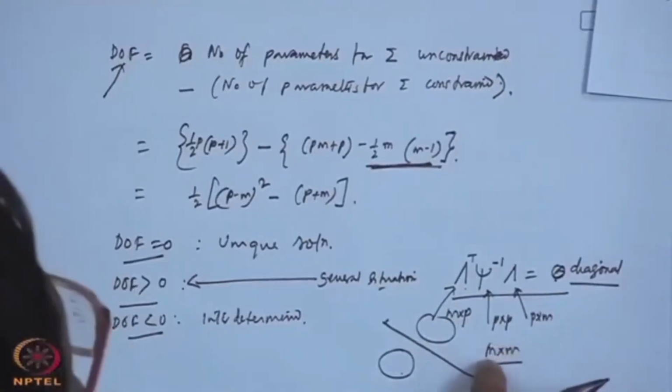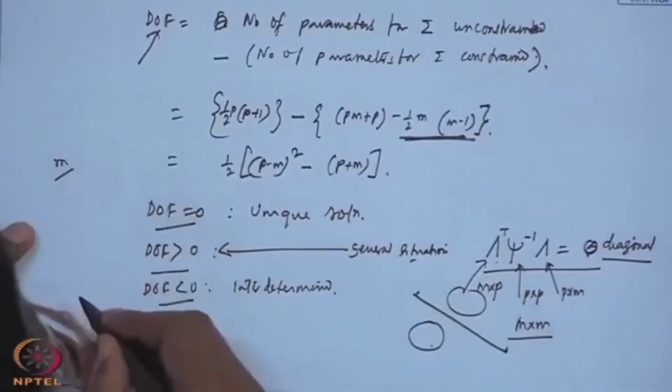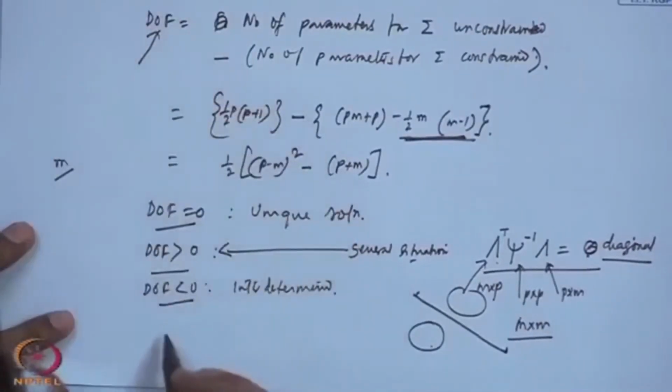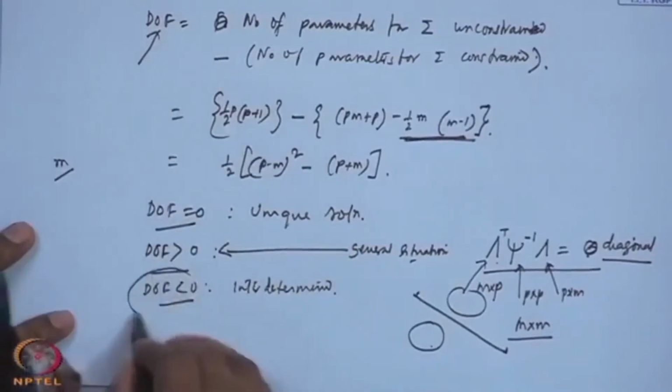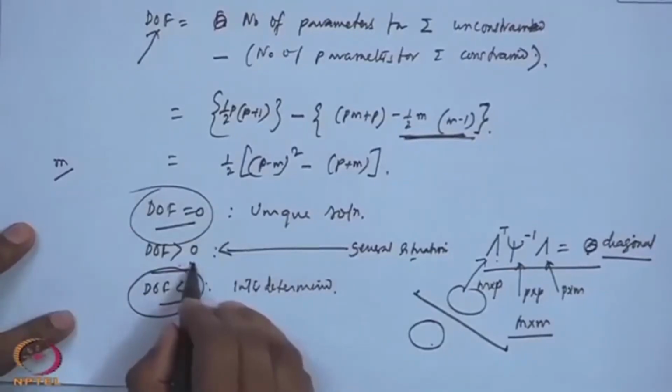So you have to fix that m in such a manner that your degrees of freedom should not be this, nor the other one, we want this situation.